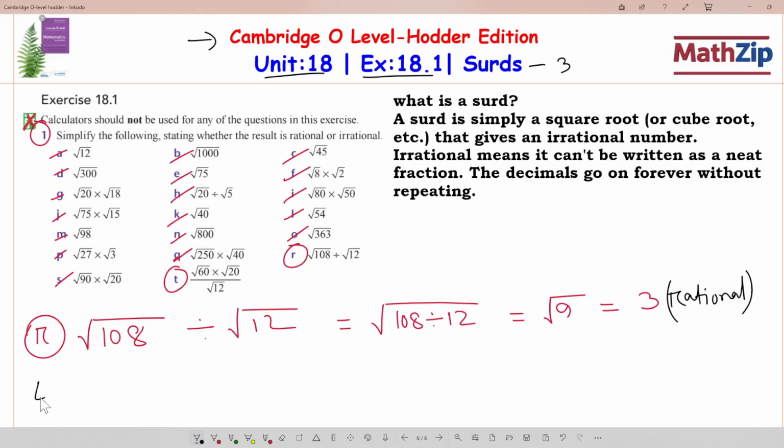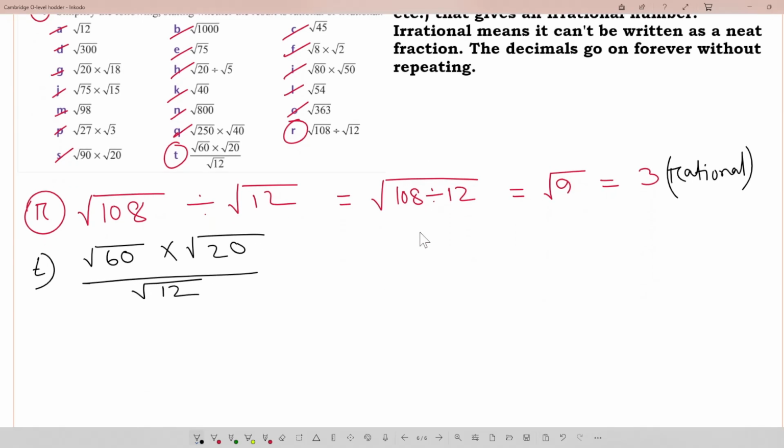What about number T? Number T, root 60 times root 20 divide root 12. So first we can express it this way.